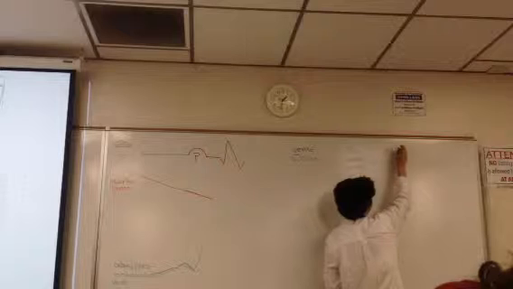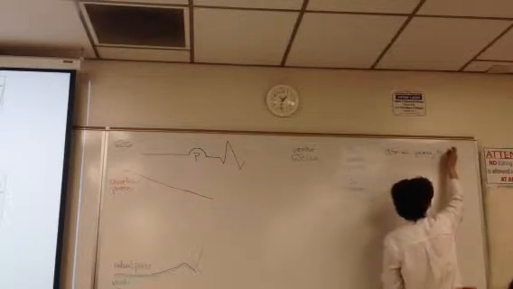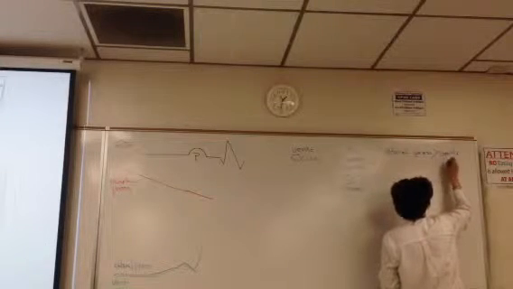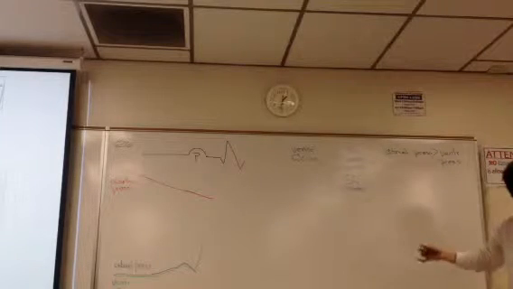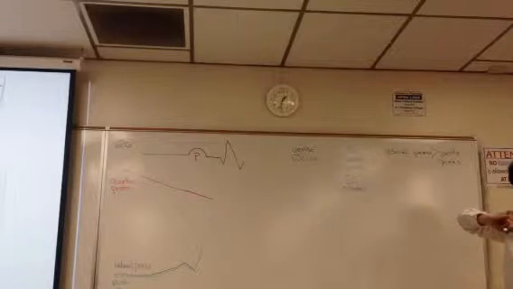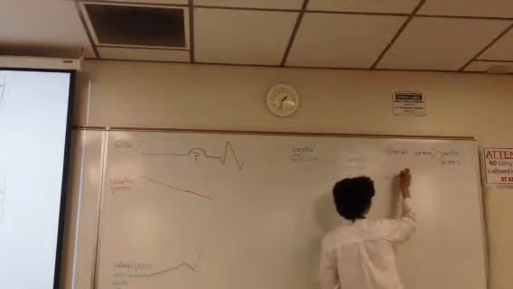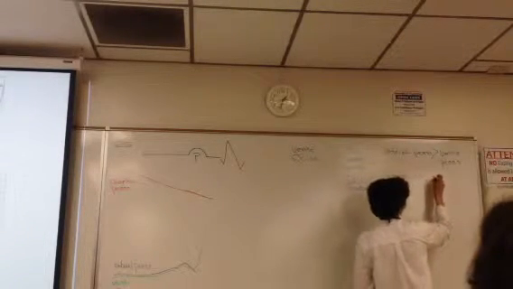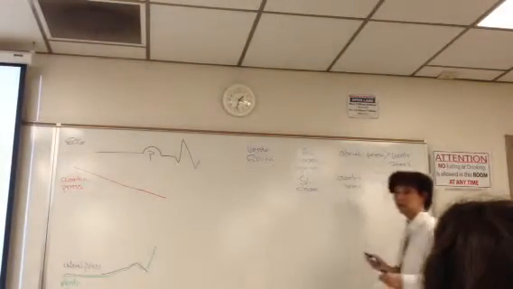Atrial pressure is greater than ventricular pressure. That's what's keeping the AV valves open. Okay? The semilunar valves are closed. And the reason they're closed is because aortic pressure is greater than ventricular pressure. Does that make sense?